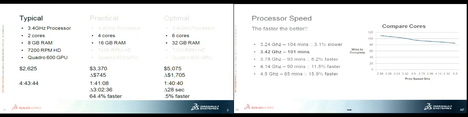Now, as we go through, and we kept bumping up the processor, bumping it up, going up to 3.78, another 8.2, go up another, 0.26 or 3.6. We're at 11.5% faster. We just keep getting faster and faster.